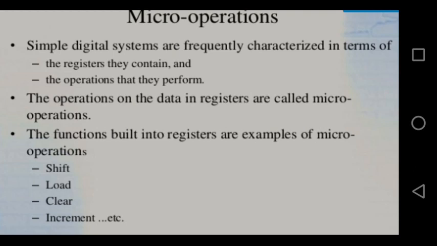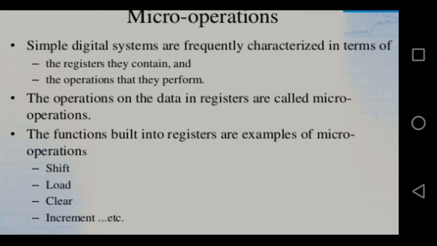So the instruction is divided into some sub operations. The operations on the data in these registers are called micro operations. Simply put, micro operations are the smallest operations that can be performed on the data stored in registers.